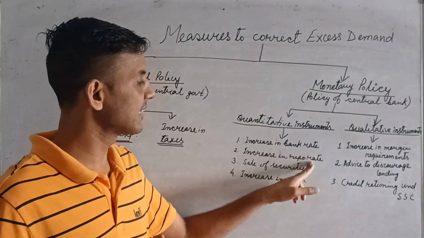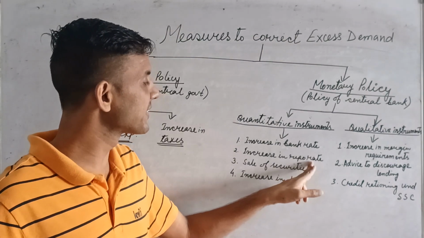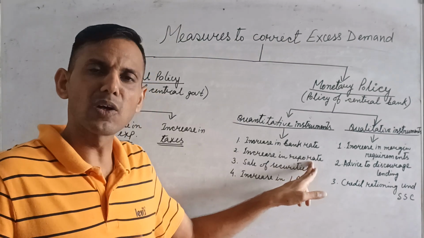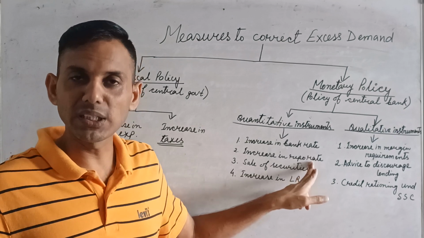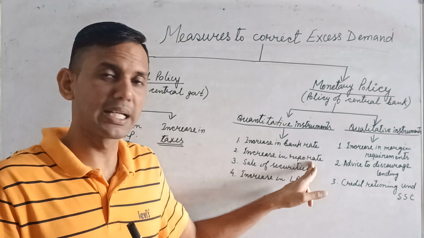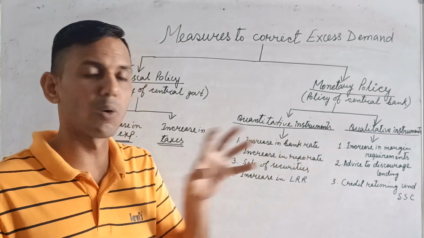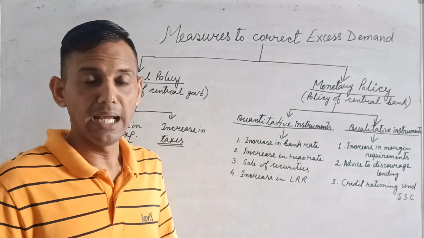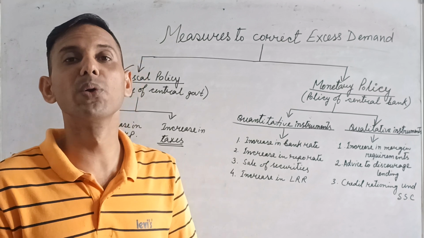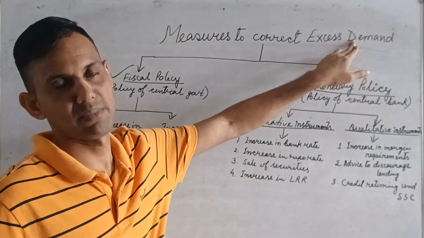When central bank increases repo rate, then again cost of borrowing for commercial bank increases. When cost of borrowing for commercial bank increases, then they will not be able to borrow more money from the central bank and they will not be able to give more loan to the public. So it will reduce this excess demand.